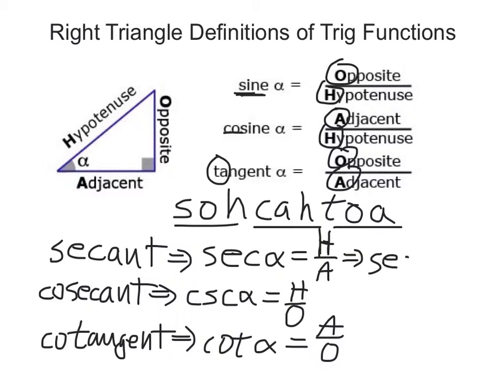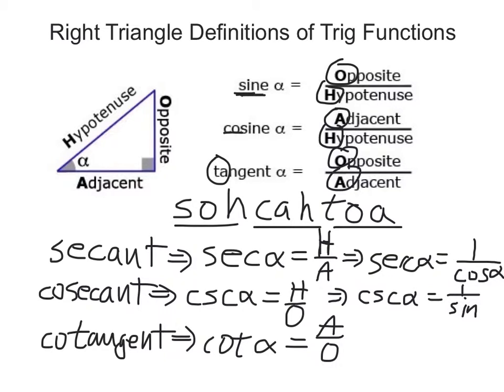Secant would be the reciprocal of, well, the cosine. Okay. Cosecant is the reciprocal over the sine function, and then cotangent would be the reciprocal over the tangent.